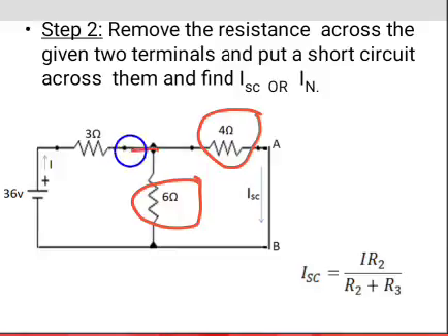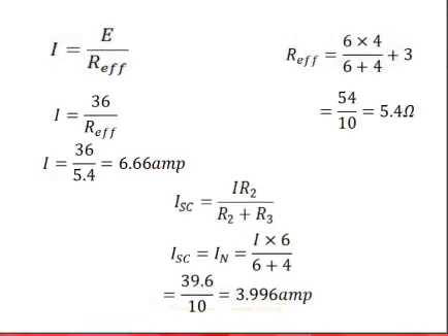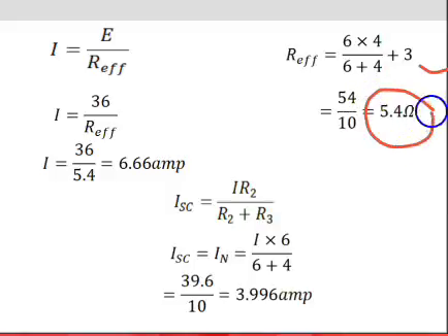These are connected in series with 3 ohm, so plus 3. Therefore, 54 divided by 10 equals 5.4 ohm. So, E equals 36, effective resistance equals 5.4 ohm. So, 36 by 5.4 is 6.66 amps.